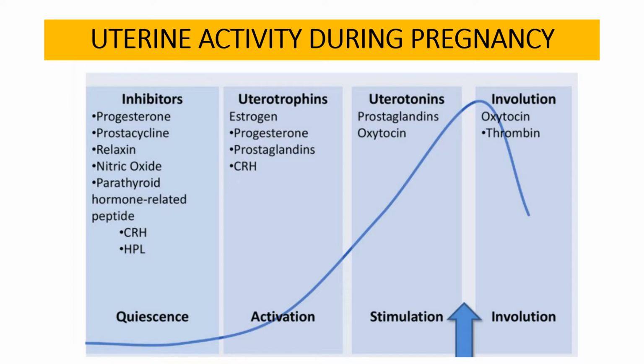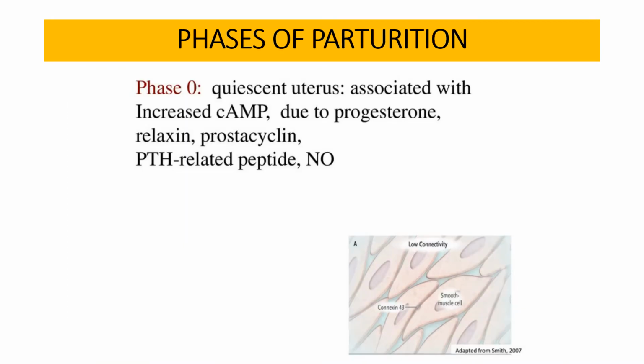These are progesterone, prostacyclins, CRH. Prostacyclins, not prostaglandins. And then finally there is an increase in activation because of the increase in estrogen, oxytocin, and a relative decrease in progesterone.